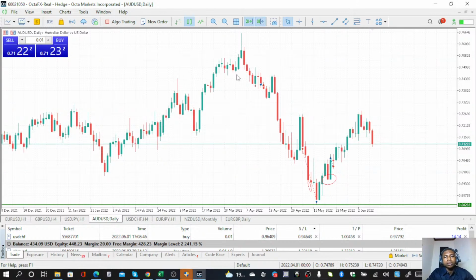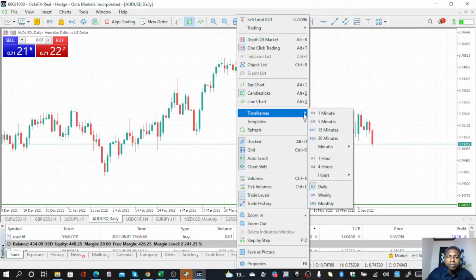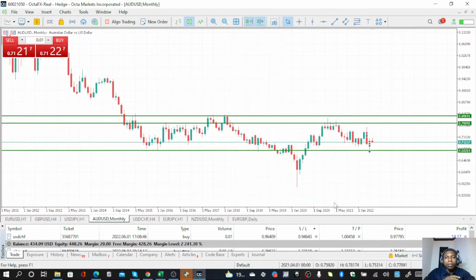Let's clear the chart. First things first, we're asking ourselves, what is the current market structure from the higher time frame, the monthly time frame? Before us we have the monthly time frame of the Australian US dollar pair.